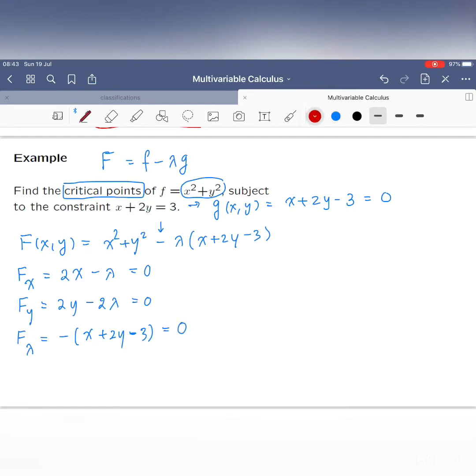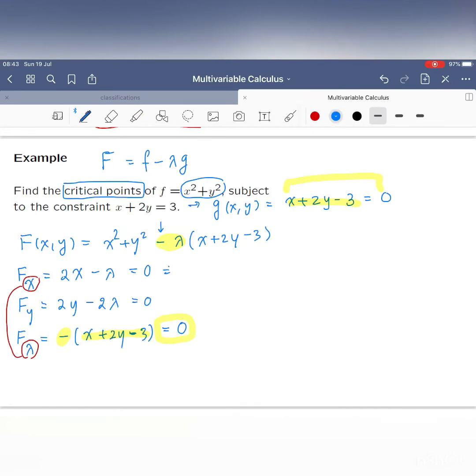One thing you need to keep in mind is the way you write the x and the way you write the lambda; differentiate them carefully, otherwise they will be mixed up. Another thing to notice is that F sub lambda always gives you a negative of g, but after you make it equal to 0, it goes back to your g itself.